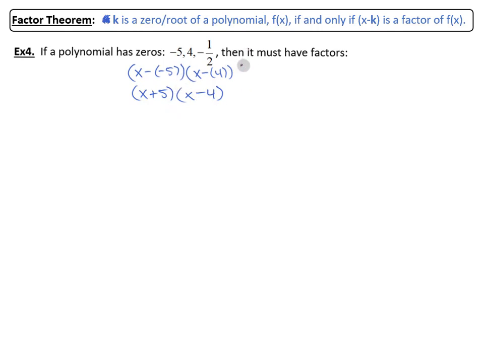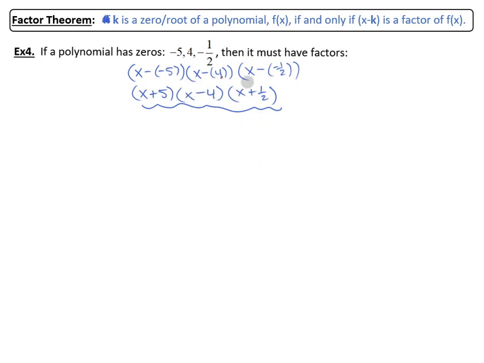Now this next one, you could write this two ways. If -1/2 is a 0, we could say x plus 1/2 or minus -1/2, right? Plus 1/2 has to be a factor. That's true. But typically we don't want to leave fractions in here, because we'll see in some examples that are going to come after this, I might ask you to multiply these together, and I don't want to have to deal with a fraction if we don't have to.